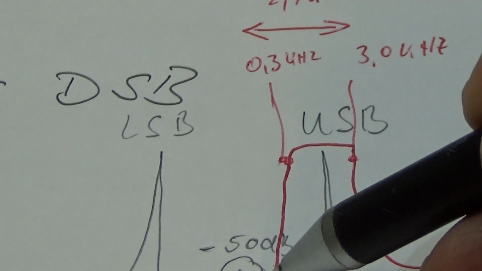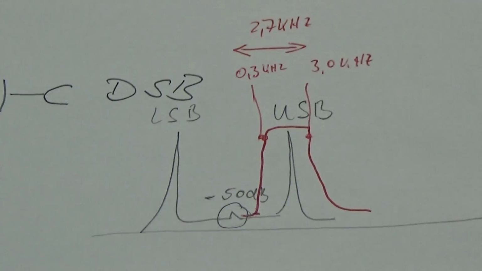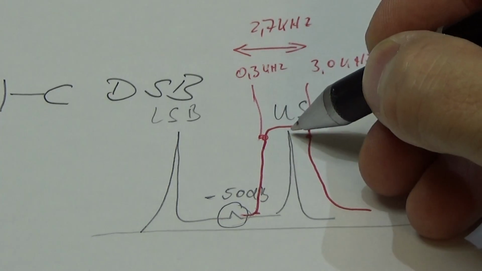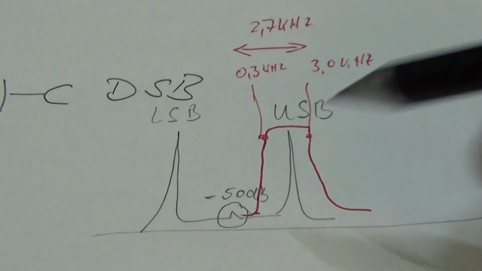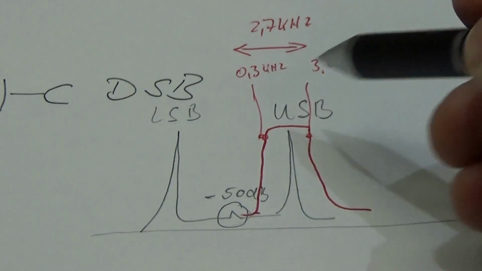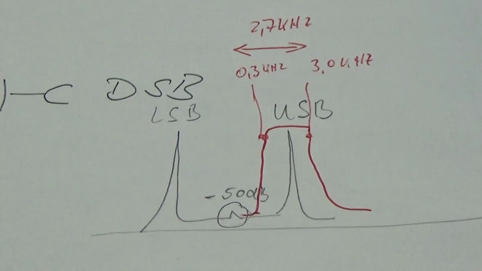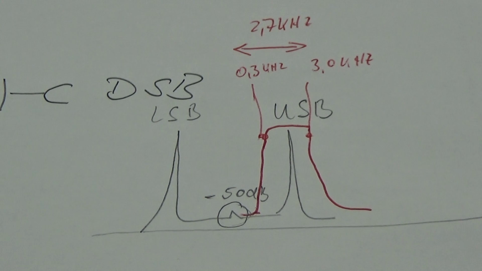If we now have a filter on our upper sideband component, then our lower sideband is no longer in the spectrum we are going to finally transmit.